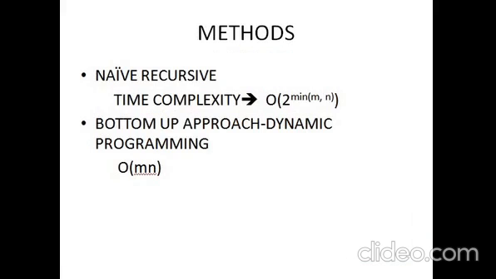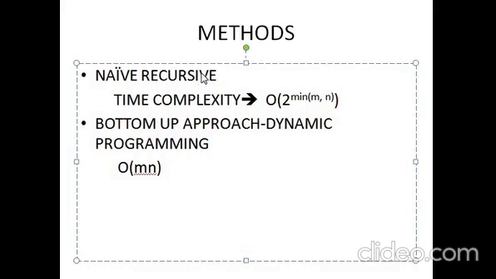Now moving on to the methods of approach, we have two methods: naive recursive and bottom-up dynamic programming. In naive recursive, the code contains only 4 to 5 if-else statements, but walking through and understanding the code is really difficult and highly time consuming.